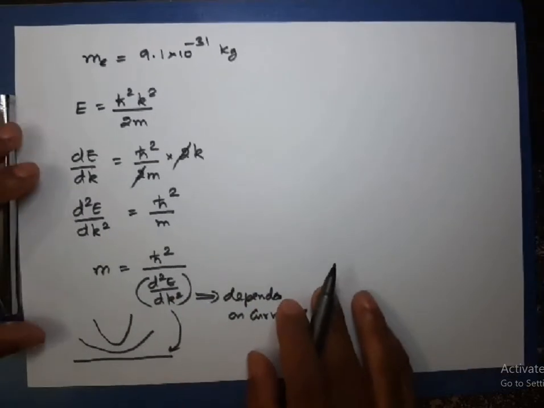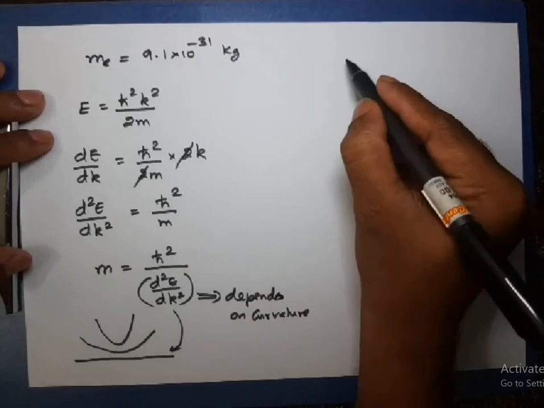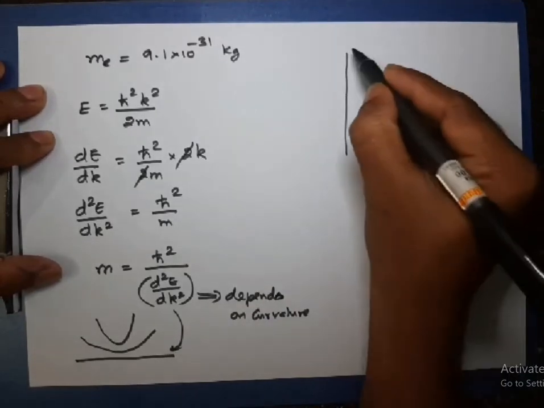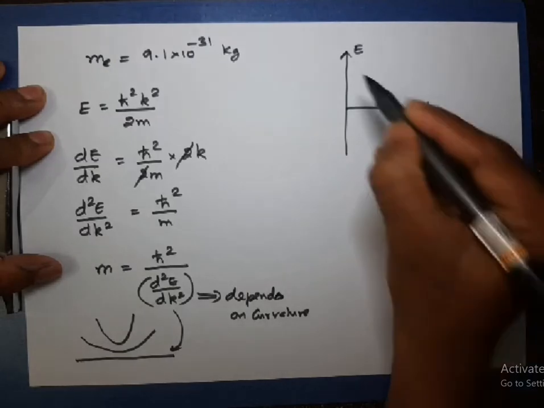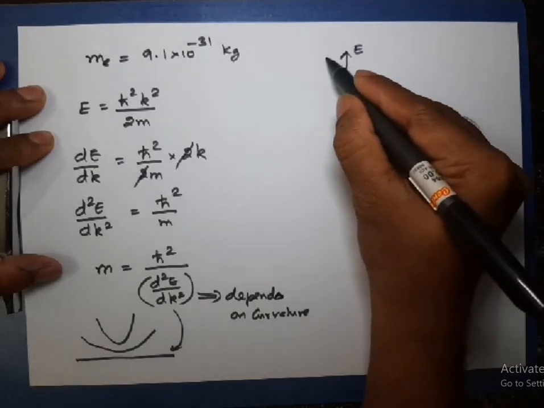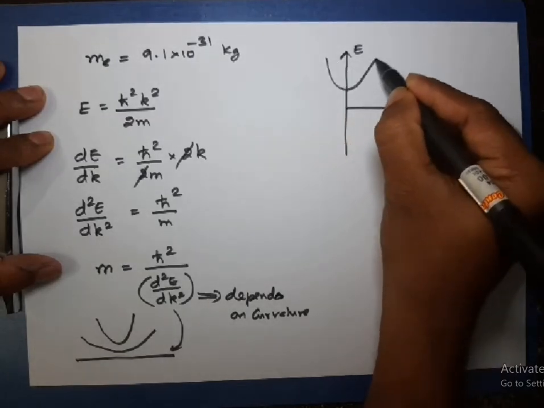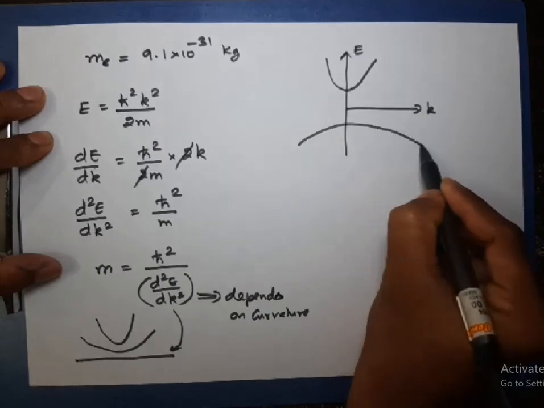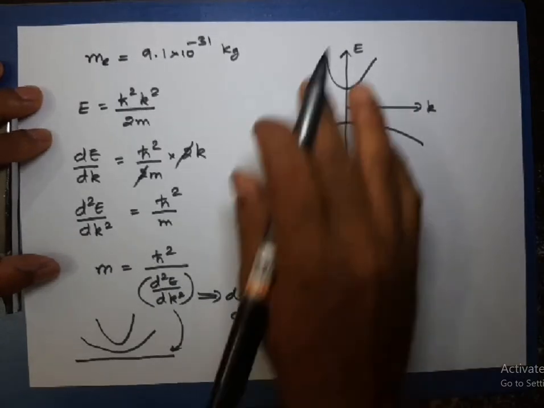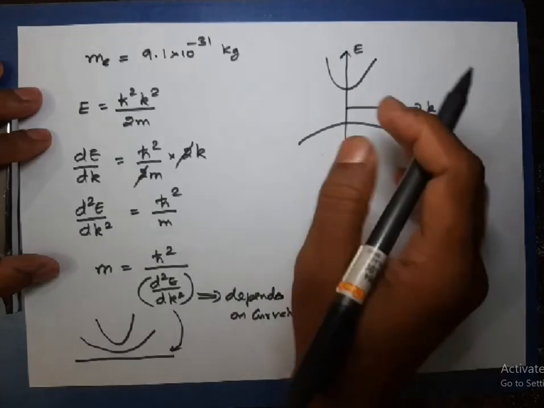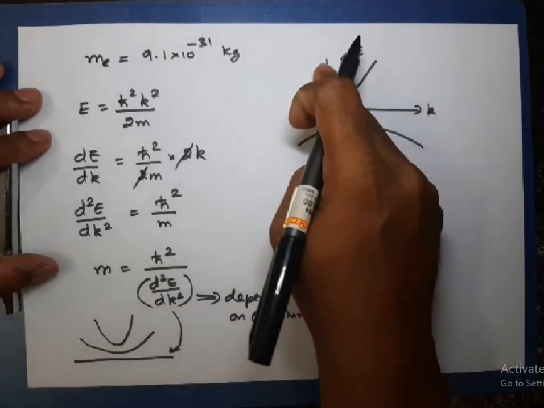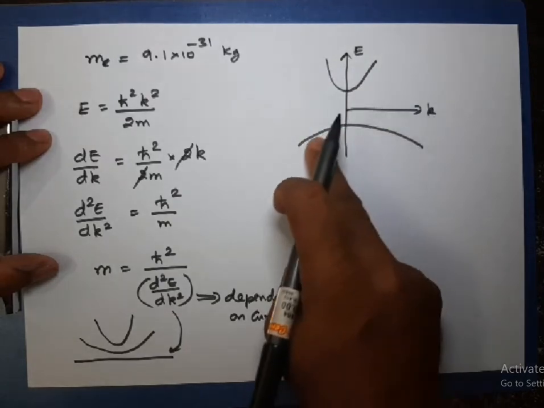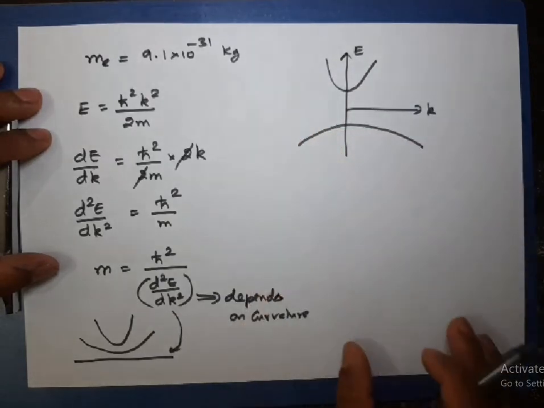In the E-k diagram, you might have seen this. Suppose this is the conduction band, and let us say this is the valence band. Purposefully I have drawn it like this. See, the conduction band has large curvature, whereas the valence band has a small curvature.